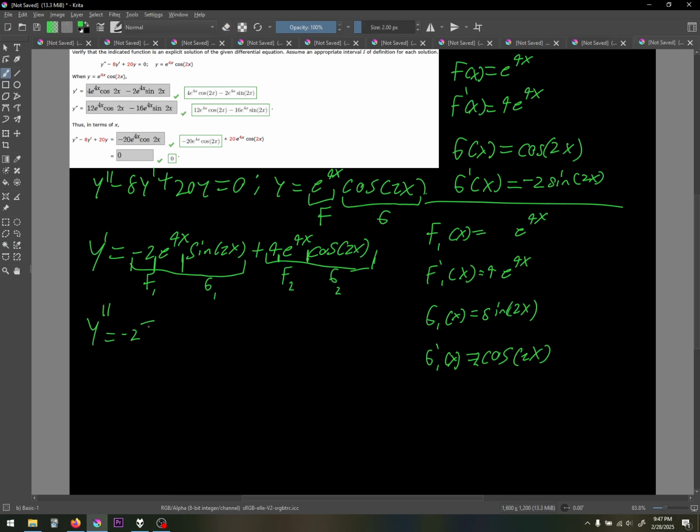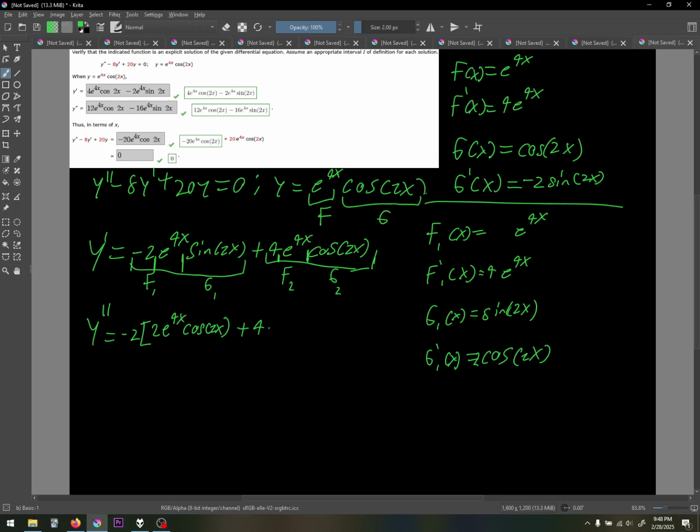But we have negative 2 times, the f is going to be e to the 4x. g prime is, so that's right there, 2e to the 4x cosine 2x. Plus f g prime.